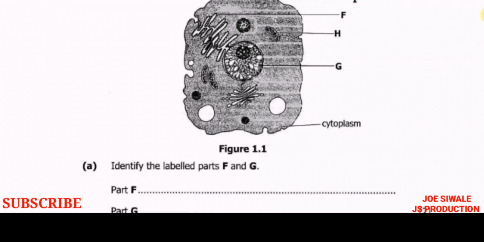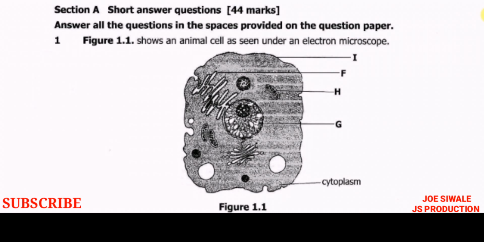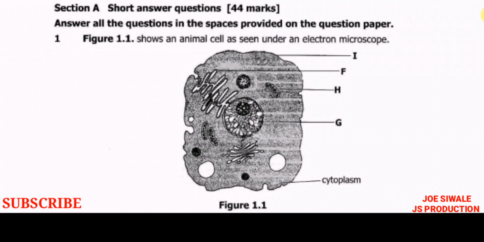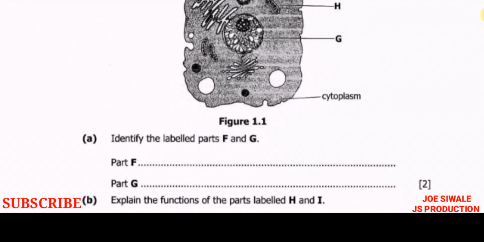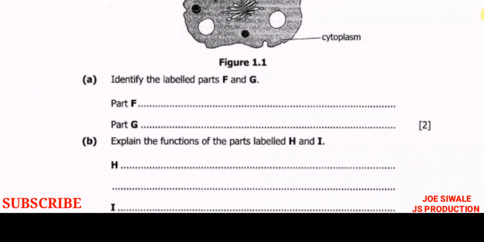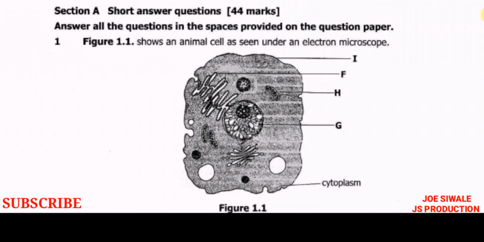So for me to answer question A, identify labeled parts F and G, I know that my F, that's the ribosomes, and my G, that's the nucleus. Question B reads, explain the functions of parts labeled H and I. So what is H? H, that's the mitochondria.